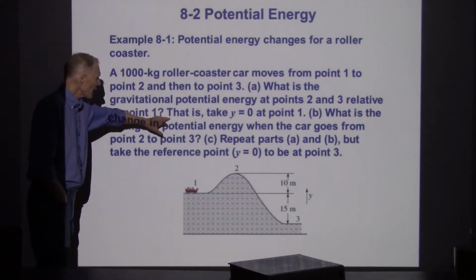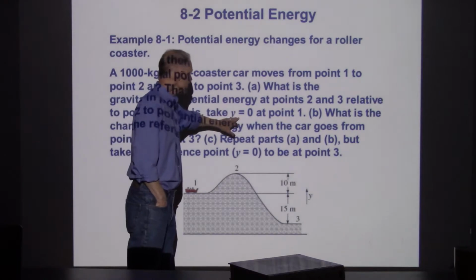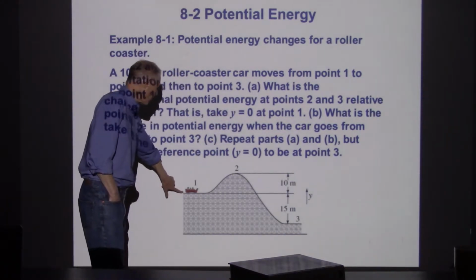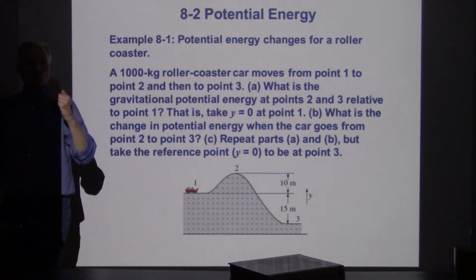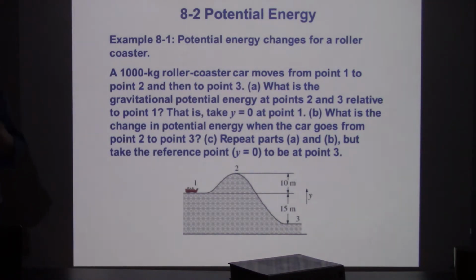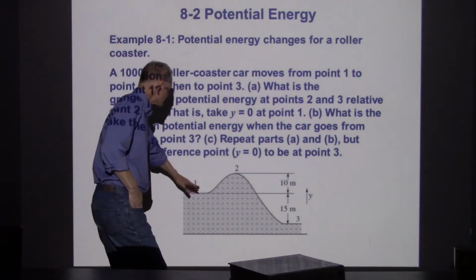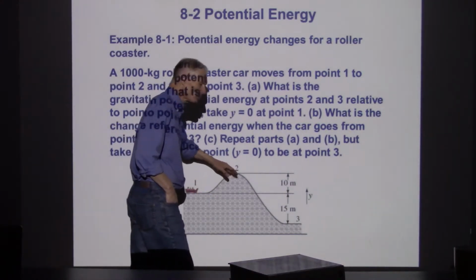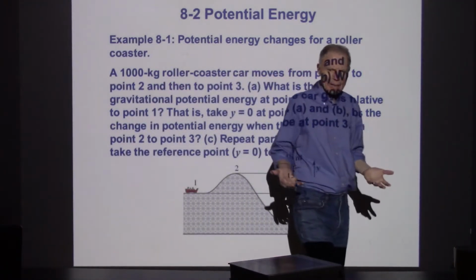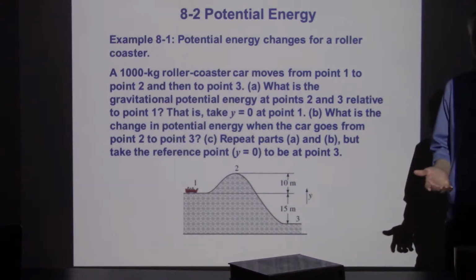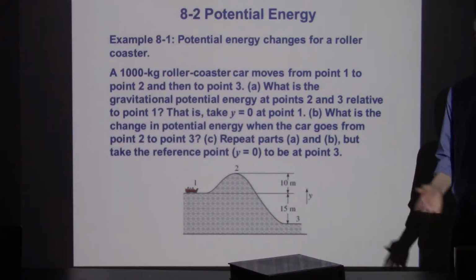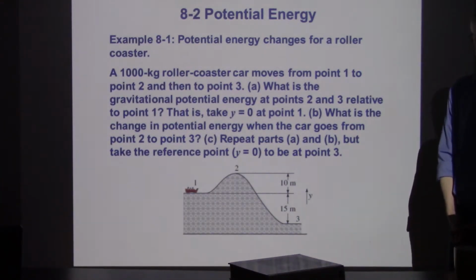What they mean by that is take y equals 0 at point 1. So we could start with where the roller coaster is located right now as being our reference point. Now by the time I get up to point 2, how would I calculate how much potential energy I have? We could use that formula, mgh.